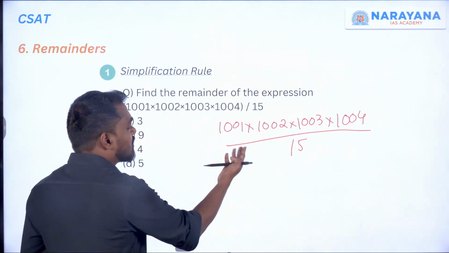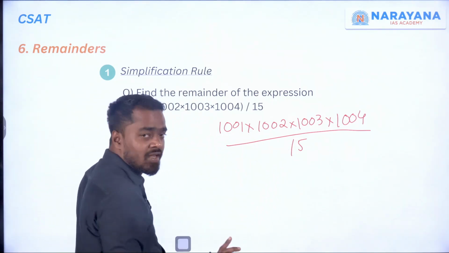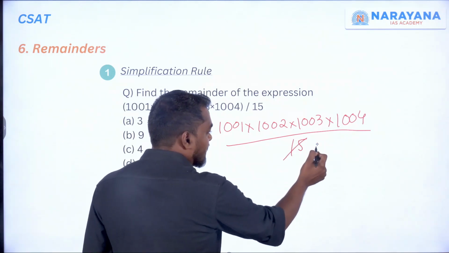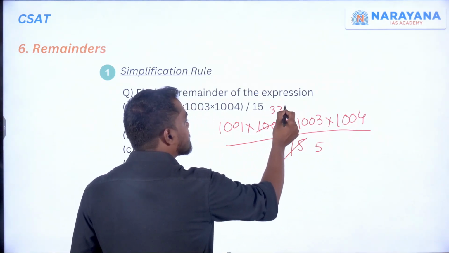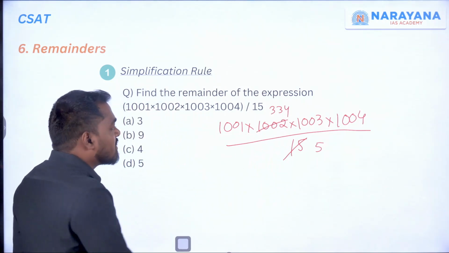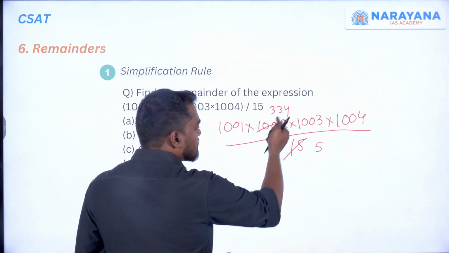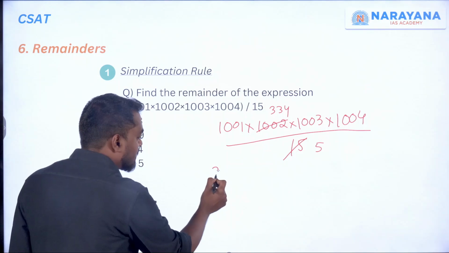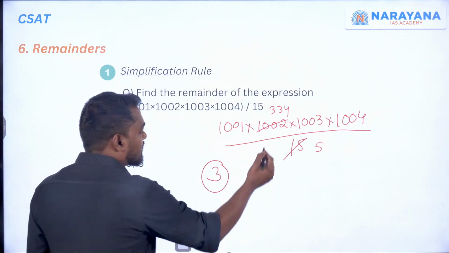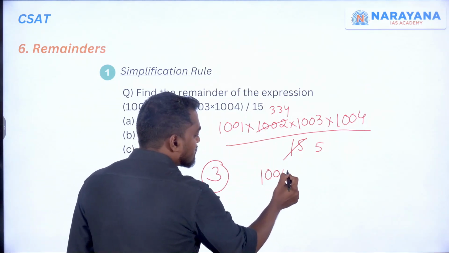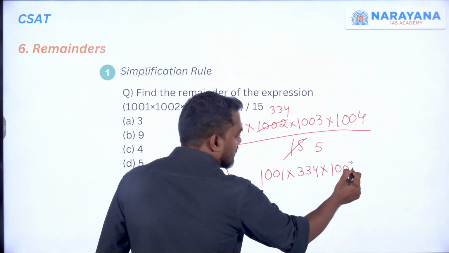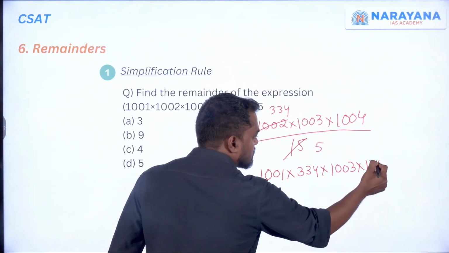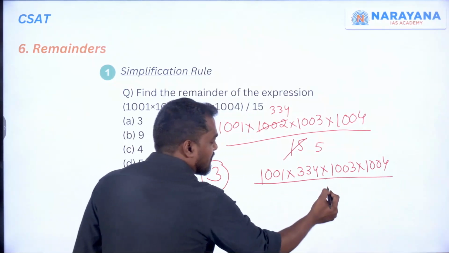So 1 plus 1, 2, it's not divisible. 1 plus 2, 3, it is divisible. So 3 5s are 15, and 3 3s are 9... 3 4s are 12, right? So there is one common factor for this numerator and denominator. So take it out separately. 3. Now what is the remaining expression? 1001, 334, 1003 and 1004 divided by 5.